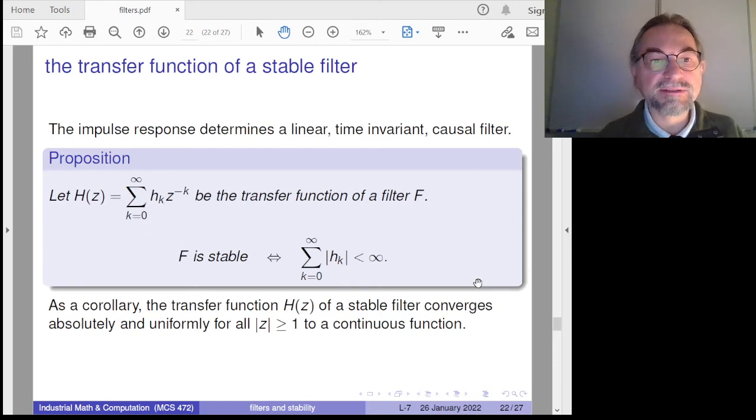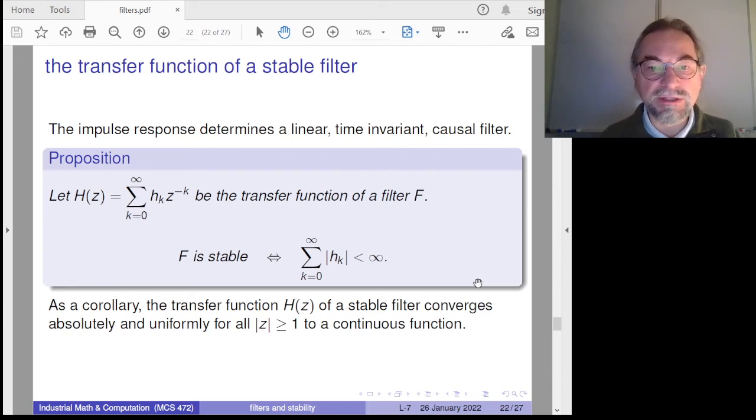Here is a characterization of a stable filter. The filter is entirely determined by the impulse response. The impulse response coefficients then determine the transfer function.